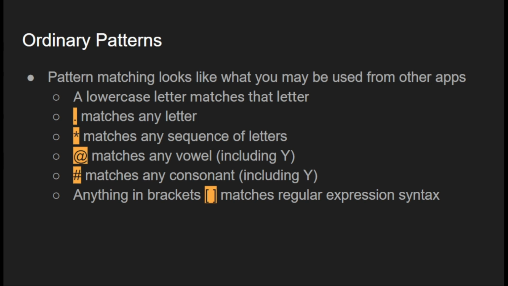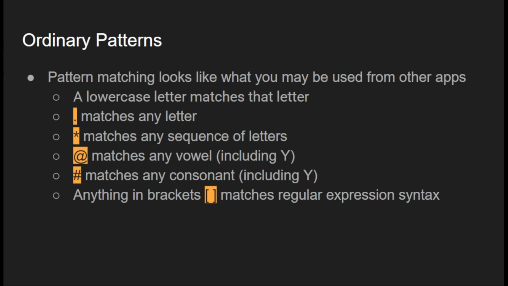Okay, first things first, there is the ordinary pattern syntax. Ordinary patterns look a lot like OneLook. It's kind of a mix between OneLook, regular expressions, and some of Word Listed's syntax, but let's just go through it. When you type something into Umiaq, you can type in a mix of lowercase letters.